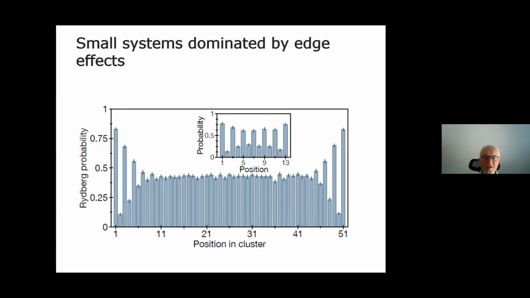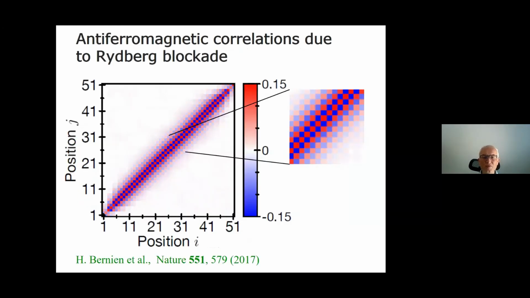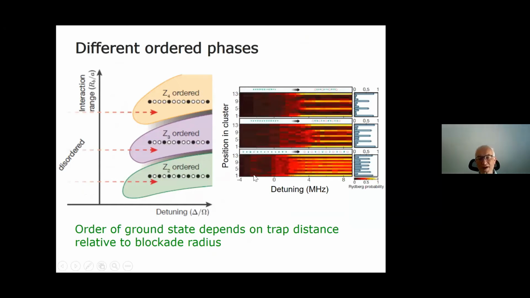Maybe one more thing, and then I will take some more questions, that we observed that surprised us. What we did here is we ramped across the phase transition first to create this antiferromagnetic ordering, and then we quickly quenched the system onto the phase transition boundary, basically tuning the detuning to 0 or near 0.